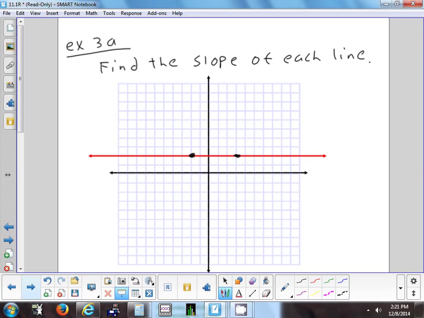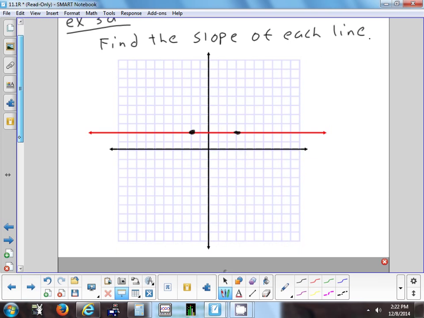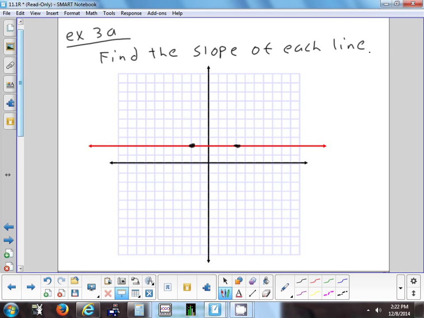We're just going to count rise, and then we're going to count run. What's our formula again? What goes on top? Rise. What goes on the bottom? Run.